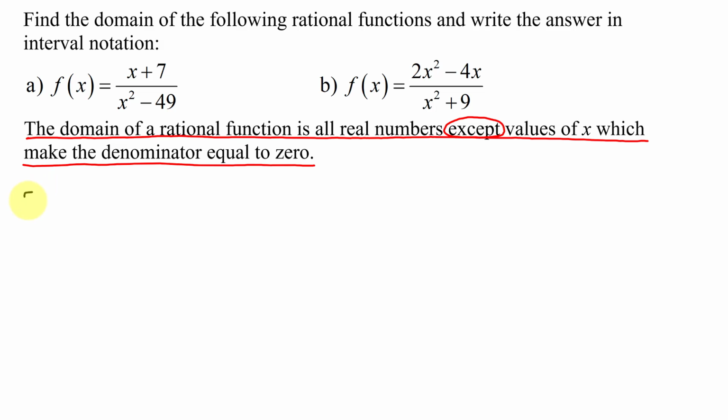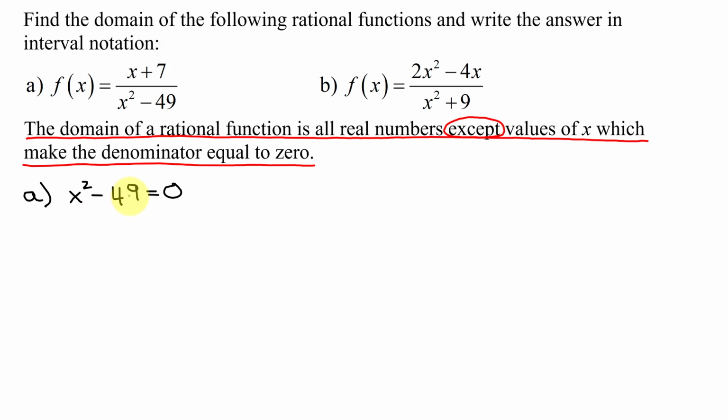So looking at our first example where I have f of x equals x plus 7 all divided by x squared minus 49, I need to figure out the values of x that make this denominator of x squared minus 49 equal to 0. This is a simple quadratic equation.